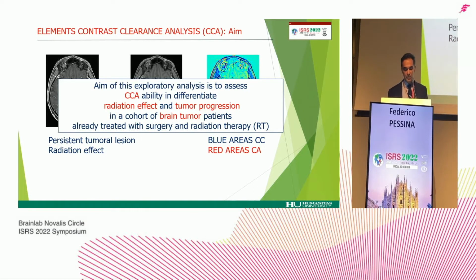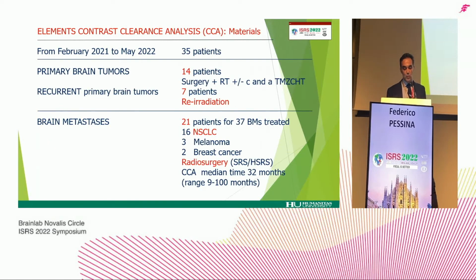So we tried to understand the ability of the clearance analysis to differentiate radiation effect and tumor progression in a cohort of brain tumor patients already treated with surgery and radiation therapy. These are our numbers.